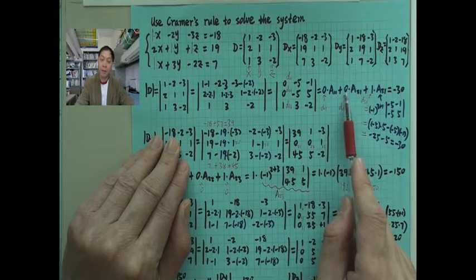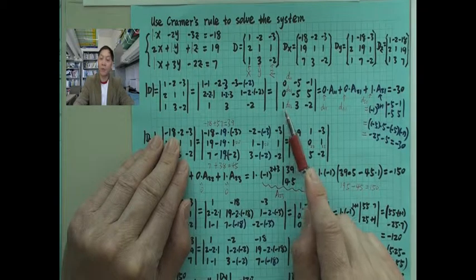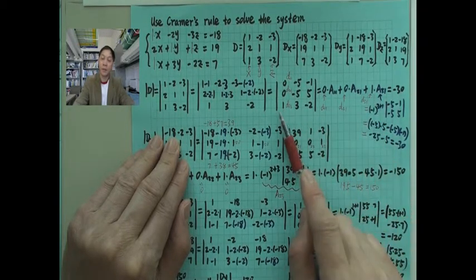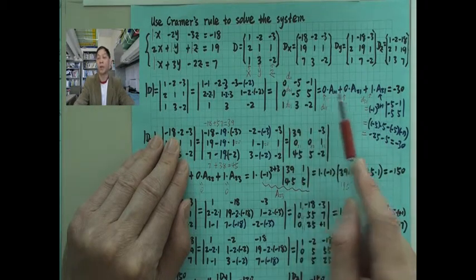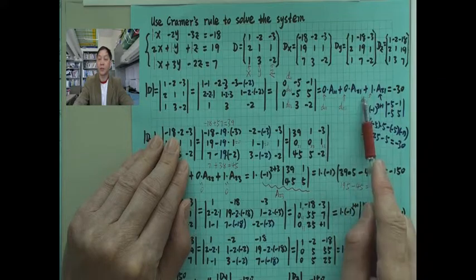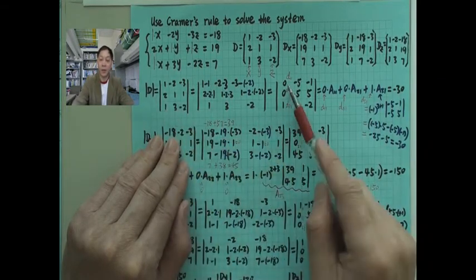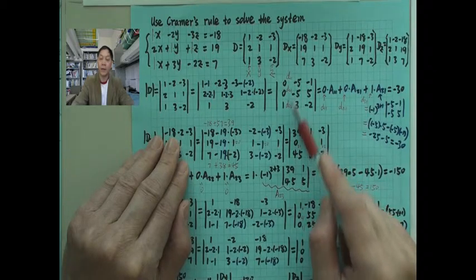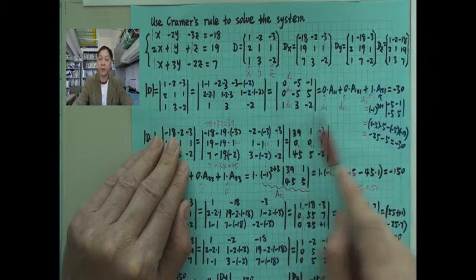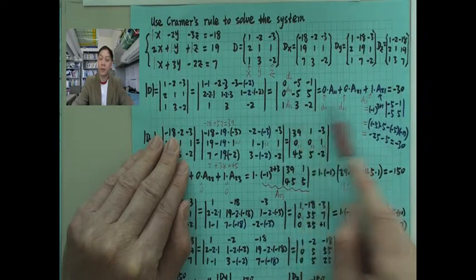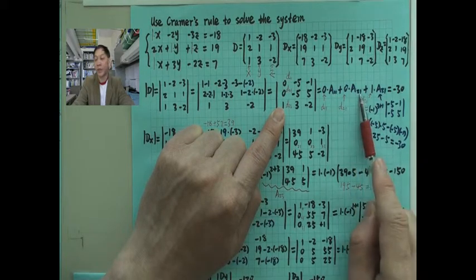That's this one. And D31, that's 1. So you put right here. Okay? Again, D11 is this one you put here. Those are cofactors. Okay? The reason I use D is because here is capital D, so I use D. Okay? So D11, D21 here, and D31. Well, cofactors I always use A.